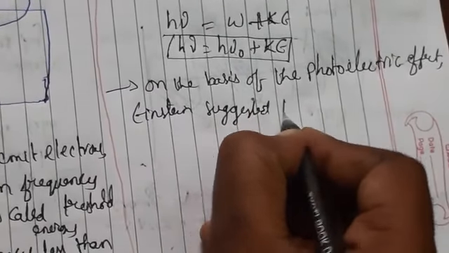According to Einstein, light is not only emitted or absorbed but also propagated in the form of photons. So this is the photoelectric effect.